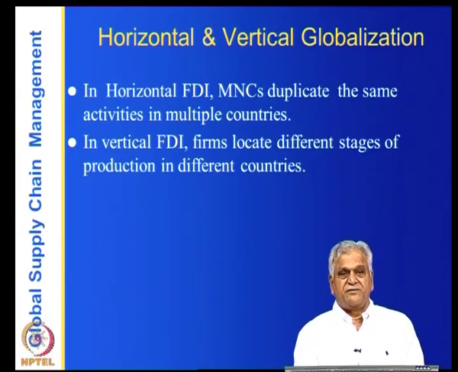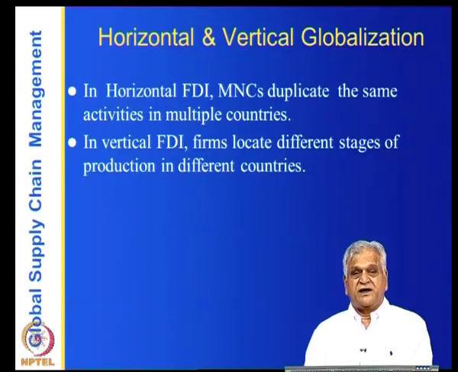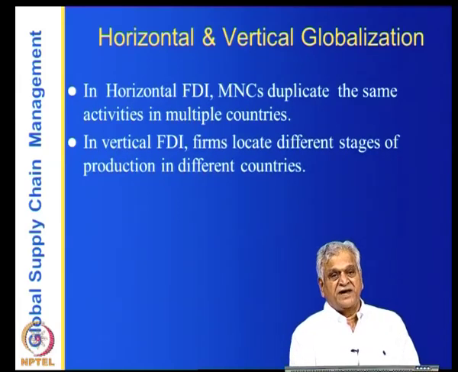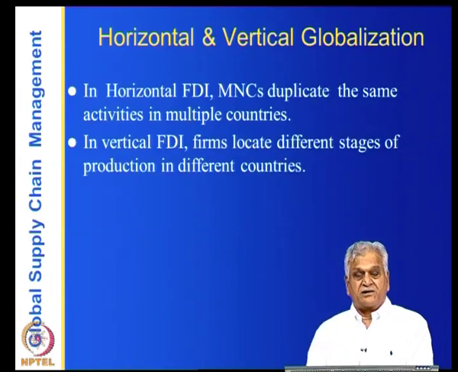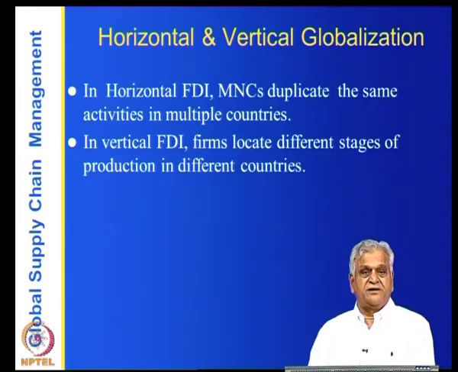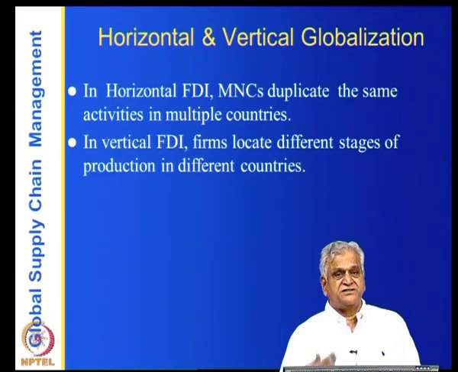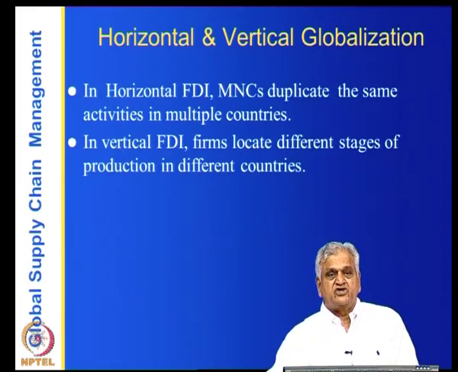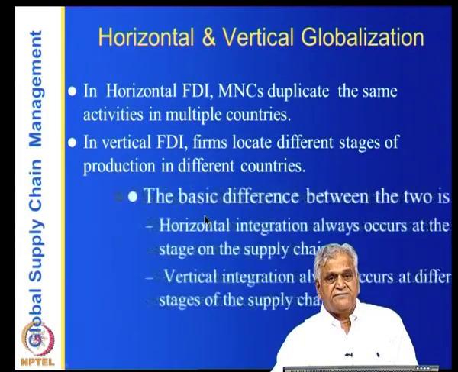So vertical FDI is basically components or assembled components made in various countries and assembled in a particular country. This is the regular outsourcing phenomenon that happens in vertical FDI.